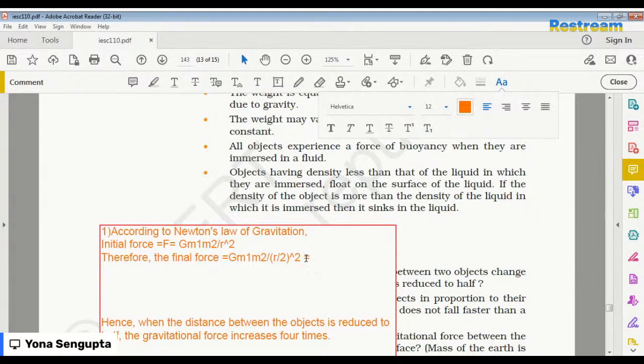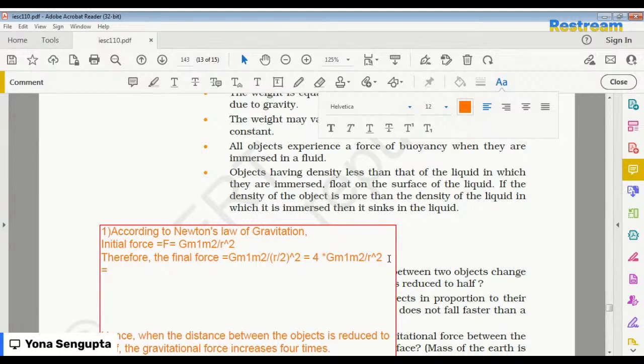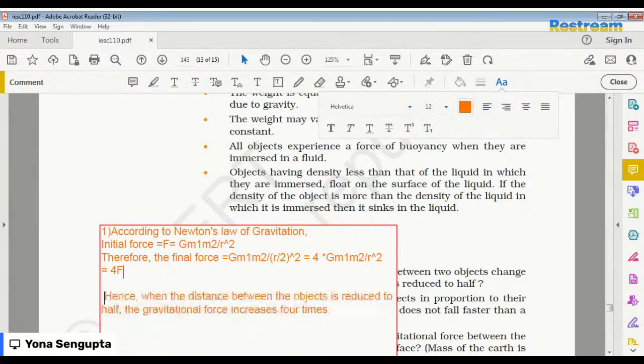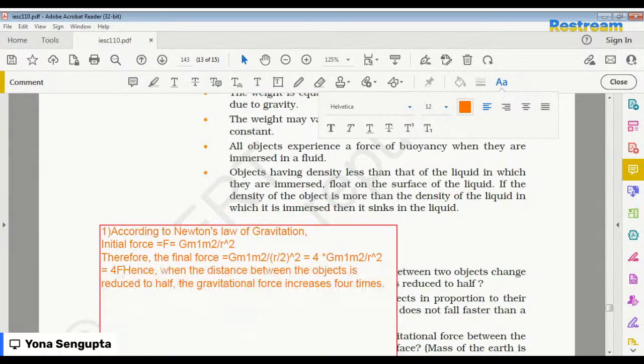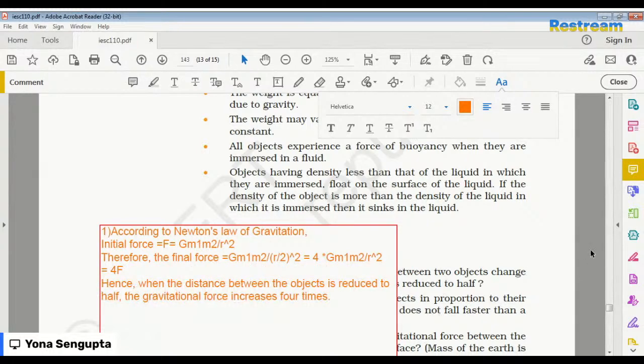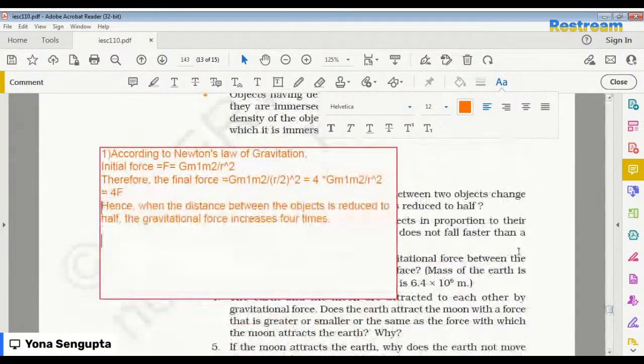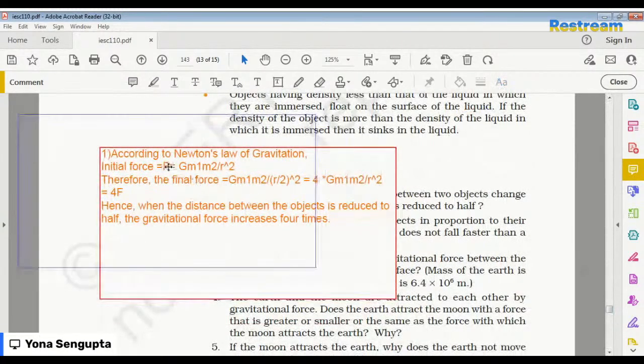So it comes as 4 into G into M1 into M2 by R square. So it is hence equal to 4F. So when the distance between the objects is reduced to half, the gravitational force increases to 4 times.